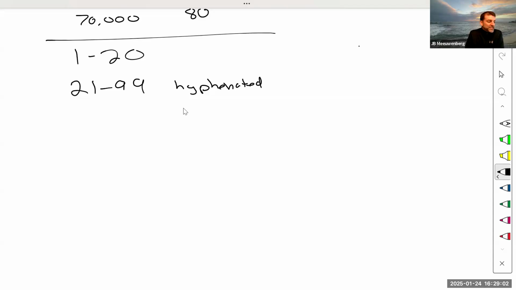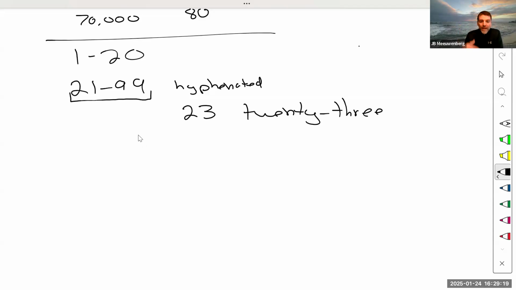If we want to write this number in words, we would say twenty-three. That is the proper way to write the number 23 with a hyphen. Any number from 21 to 99, with the exception of 20, 30, 40, 50, 60, they're all going to be hyphenated.